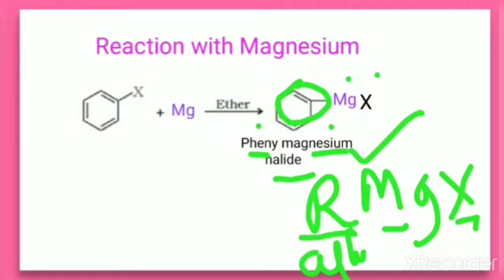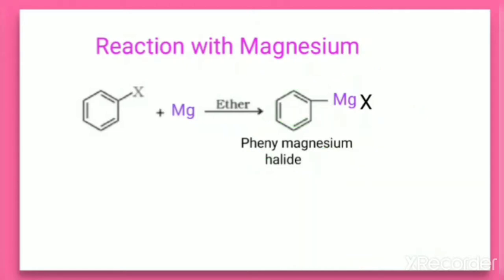So the name comes like this, phenyl magnesium halide. Whenever you are studying this reaction, you study it with the reaction of RX plus Mg, which gives rise to RMgX. Similarly, C6H5X plus Mg gives rise to C6H5MgX, that is phenyl magnesium halide.